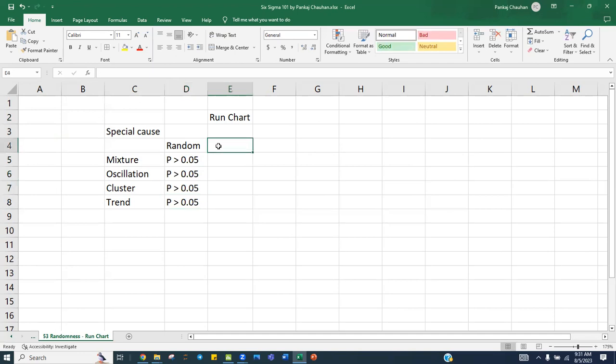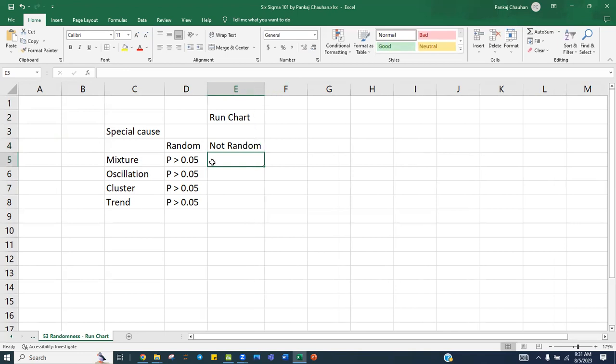And data will not be random, which means data is influenced by any of these 4 properties, either there is a mixture present in the data significantly, or oscillation, or cluster, or trend, when the p-value is less than or equal to 0.05.